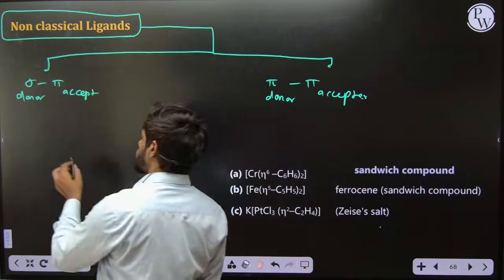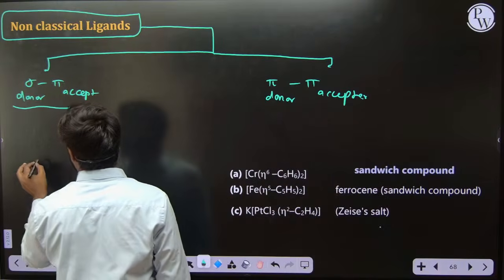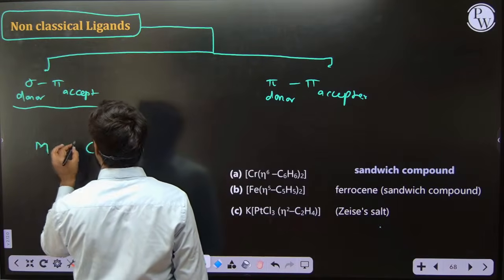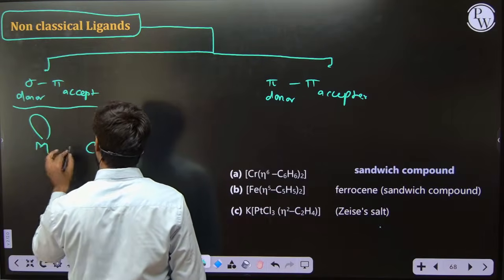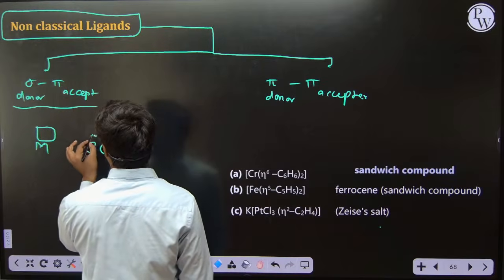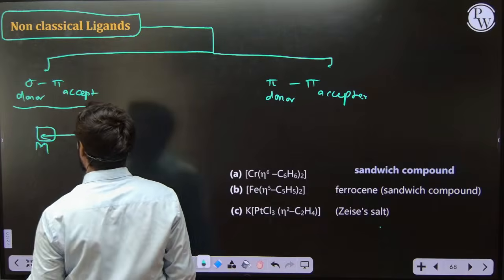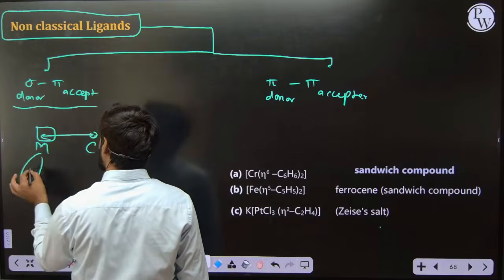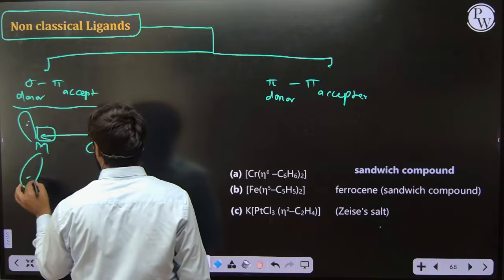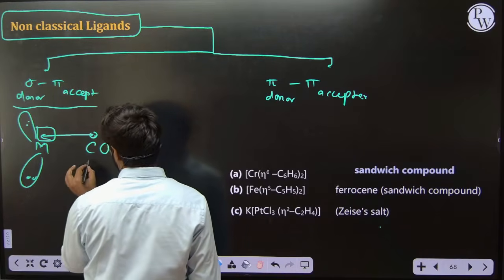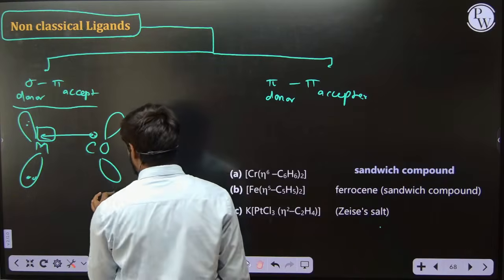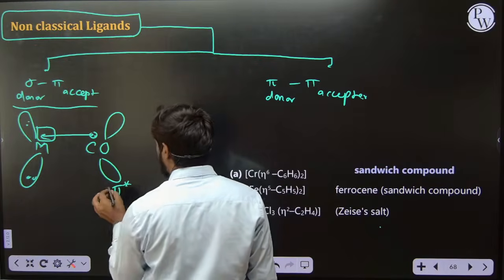Those ligands which donate their sigma electrons, for example carbonyl: carbonyl donates its electron pair to the metal's vacant orbital. So carbon donates its electron pair to the metal, and the metal donates its lone pair to the carbonyl's pi anti-bonding molecular orbital.